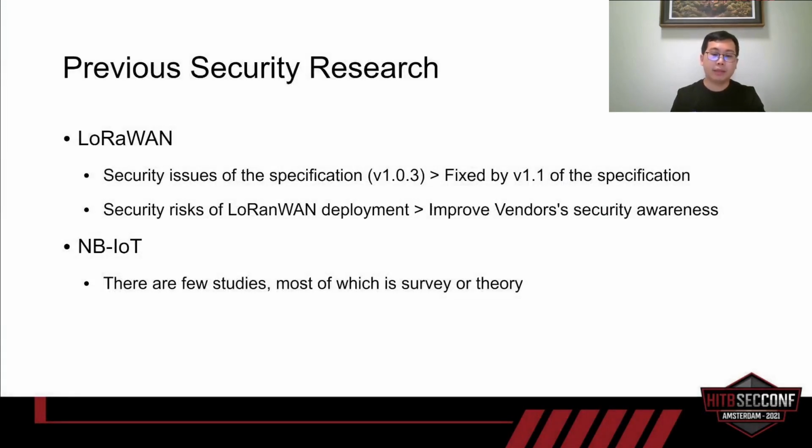The existing security studies of the two technologies are mainly as follows. For LoRaWAN, the existing security issues are mainly protocol specifications and key deployment. The security issues of the specifications have been fixed in the new version of the specification. But there are also great challenges in using the new specification in the real world. The security risk of LoRaWAN deployment is usually the secure use of keys.